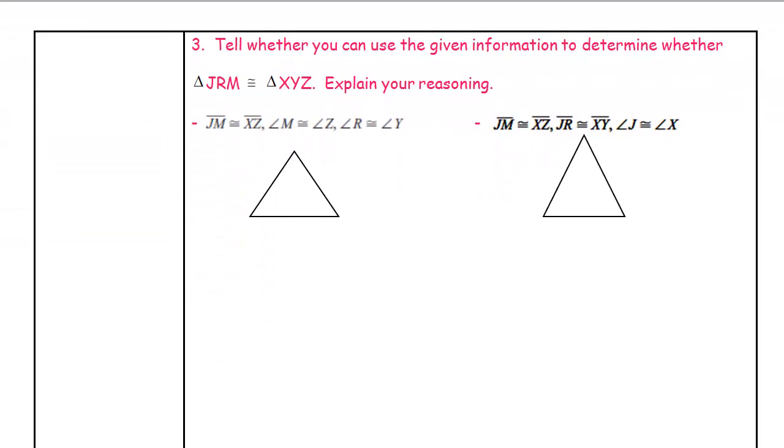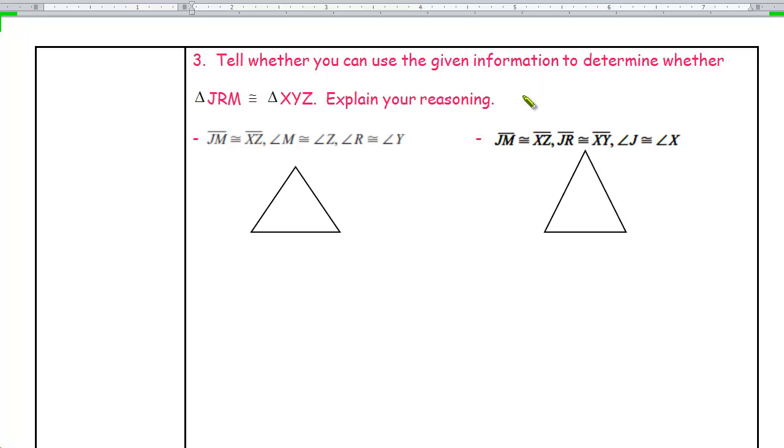And the last one here. Tell whether you can use the given information to determine whether triangle JRM, let's go ahead and label these, JRM is congruent to XYZ. So I've listed them in the corresponding order, JRM, XYZ.